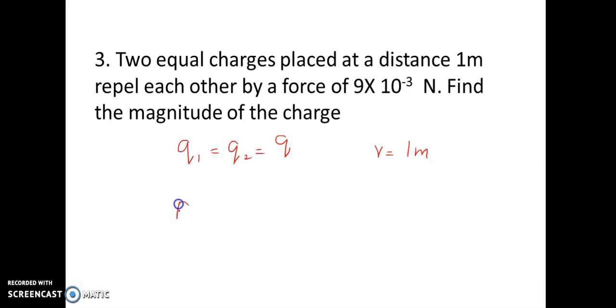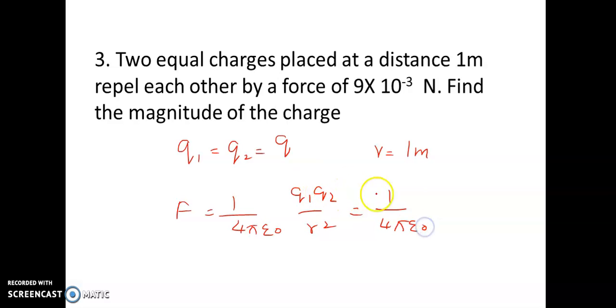The force is equal to 1 by 4 pi epsilon 0 Q1 Q2 by r square, which is 1 by 4 pi epsilon 0 into Q square, and r is 1, so 1 square is 1. We know that 1 by 4 pi epsilon 0 is equal to 9 into 10 to the power 9.